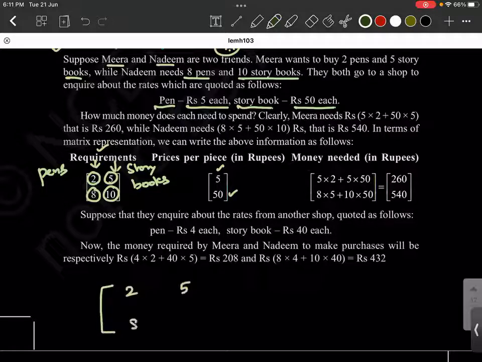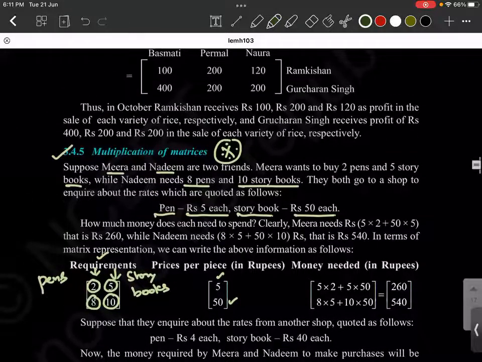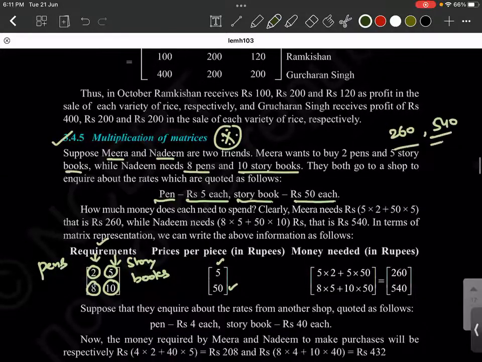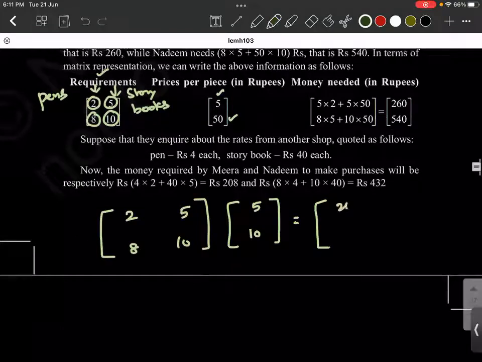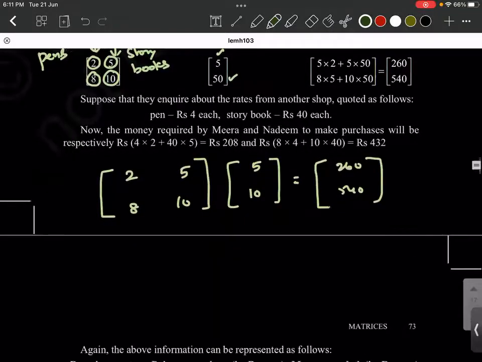Observe this clearly: 2, 5 and 5, 10. For me to get 260 and 540, which is the cost to be spent by each person, what kind of multiplication am I supposed to do?